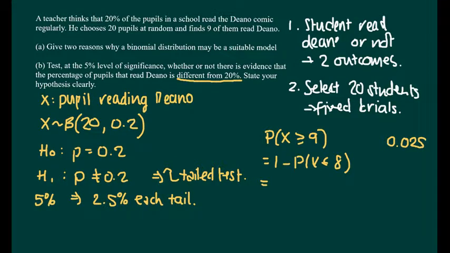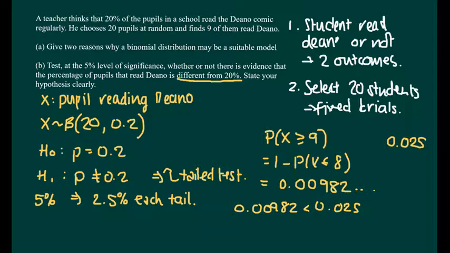Using your calculator, that's 0.00982, and so on and so forth. Well, that number, 0.00982, is less than 0.025.